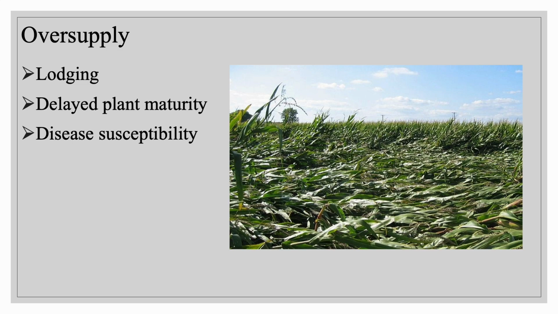It's still producing other components that have not allowed it to reach the reproductive stage and then continue on to finally harvest. And then there's disease susceptibility, because when a plant is lush and green, there's a lot of energy in that nitrogen. Diseases and insects are going to look for the opportunity, that food source.